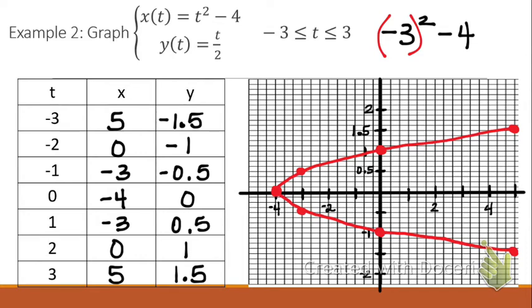So my first point is at +5, -1.5. So my curve is traveling this direction. This represents t equals -3, and this represents t equals -2. So I'm just going to add arrows to show that motion is going this direction. You don't need to put a lot of arrows on there, just a few. And that is your curve. It is simple. That's it.